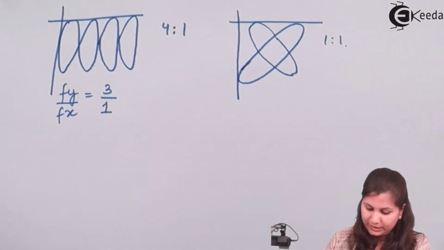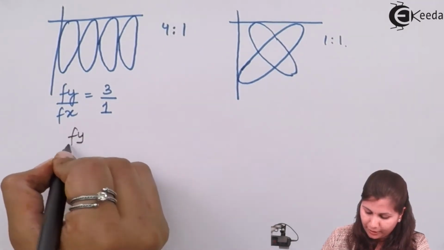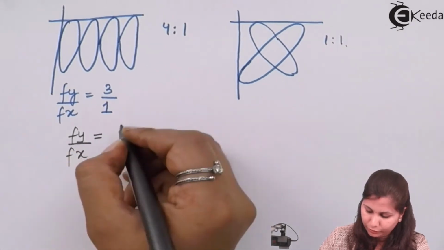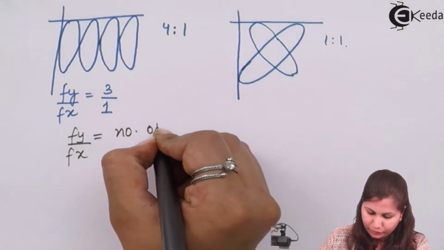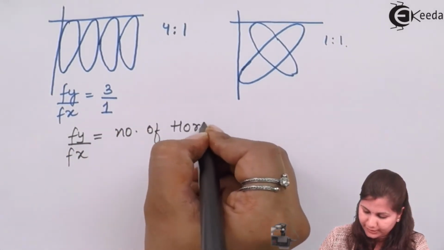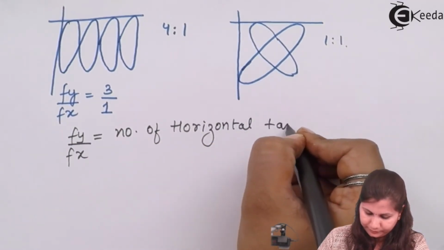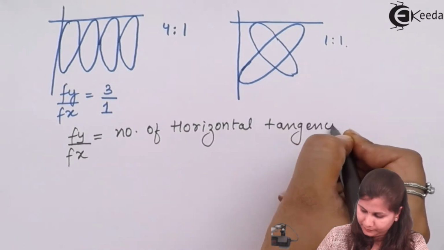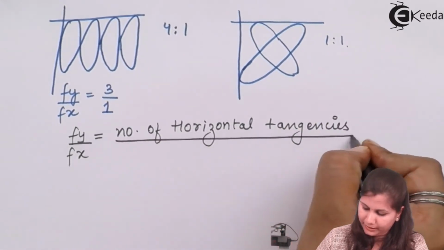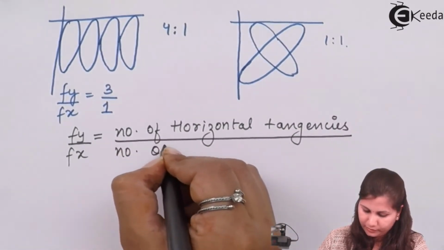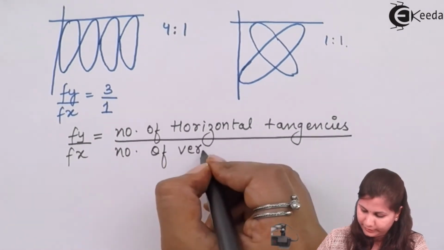Now, we can say that Fy upon Fx is equal to the number of horizontal tangencies divided by the number of vertical tangencies.